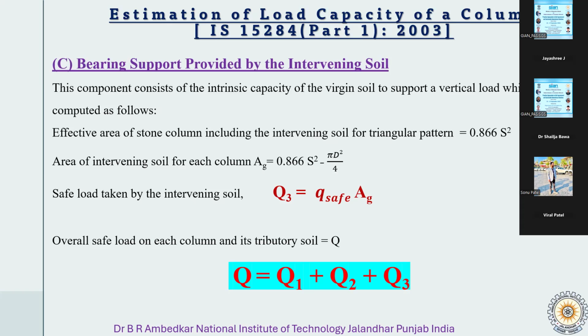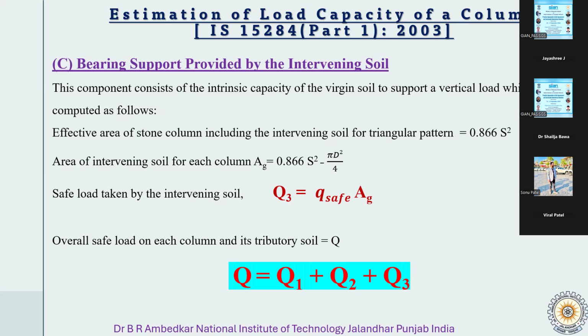And when we have to use the column spacing, again, if you see the plan area of the structure, then the area per column is arrived at, that can be geometrically calculated, and the effective spacing can be calculated depending upon the pattern which we are going to use for the columns.